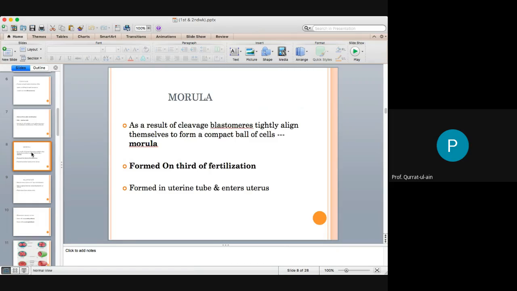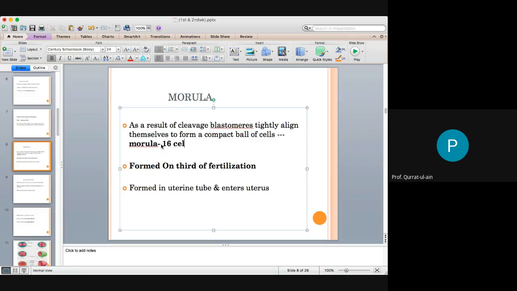Then comes the morula. We have discussed the morula formation, which is a 16 cell stage, and I should write compact mass of cells, and it is actually the 16 cell stage. This is so popular, the 16 cell stage, because it can be asked in the MCQs.